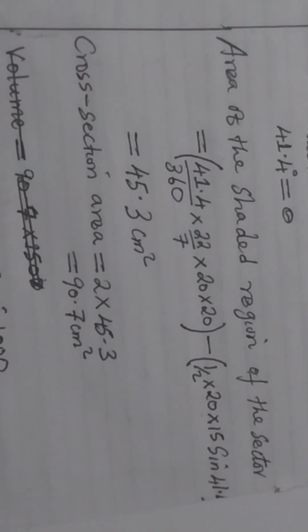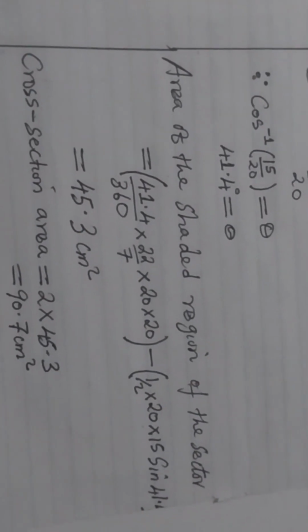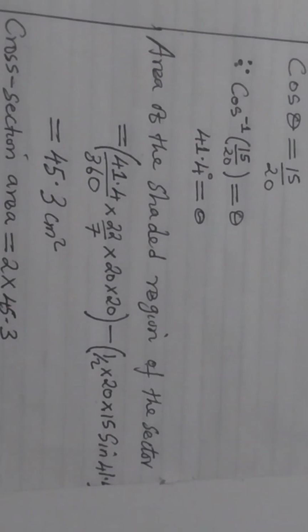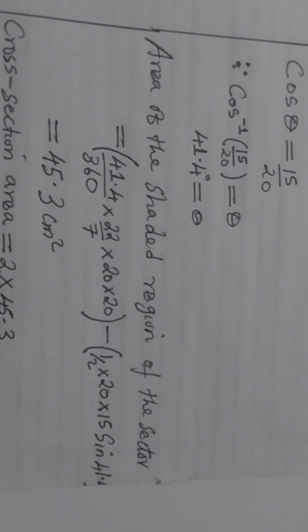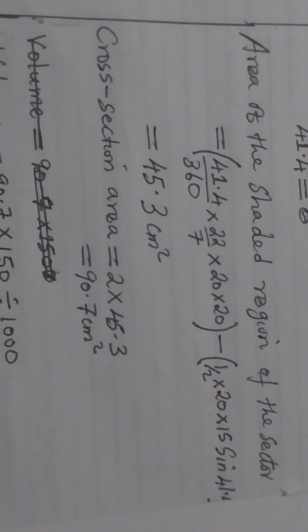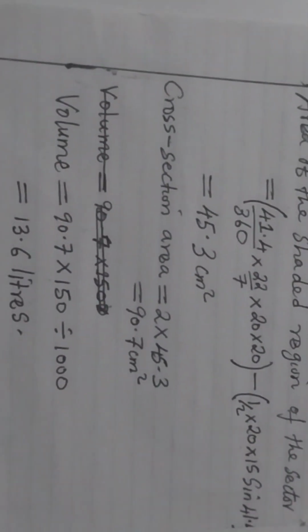So we use the formula theta over 360 times pi times r squared, in brackets, minus a half hypotenuse times height, sine theta. So if we substitute for those values, then we are going to get 45.3.